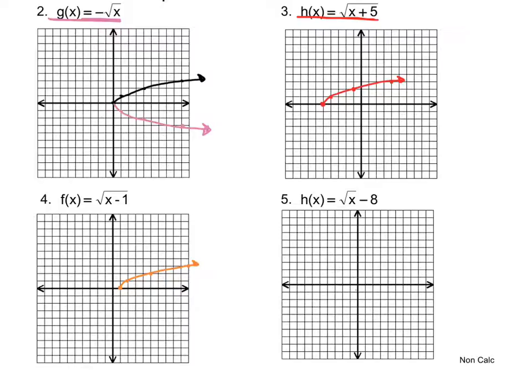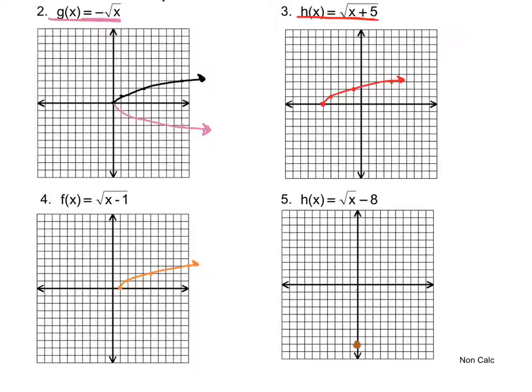Now when we have the square root of x, there's nothing else under the radical sign with that, and a -8 out to the side, that's going to be a downshift. So it goes downward, in this case 8 spaces. So instead of starting at 0, 0, we start way down here at -8.